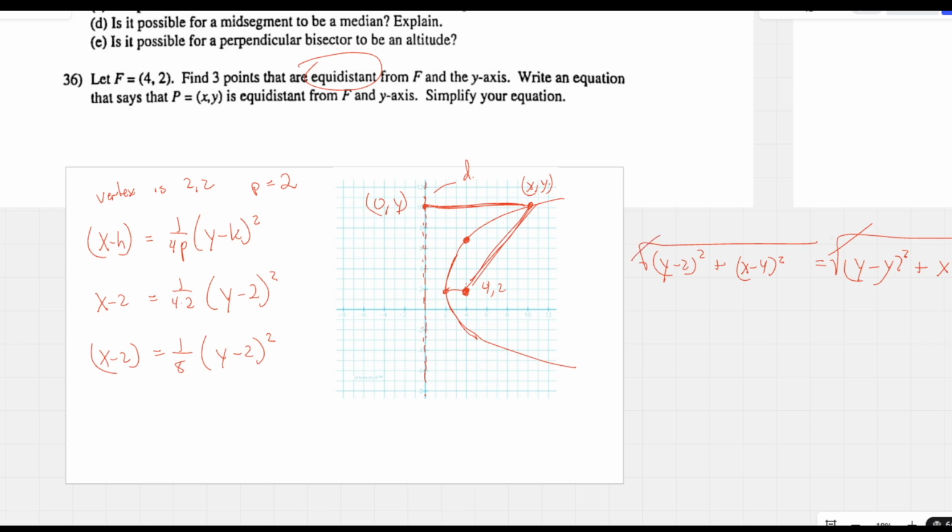So those are going to cancel because I'm going to square both sides. And then busy work from there. Cancels. Yeah, then I guess I'll just solve for x at that point.